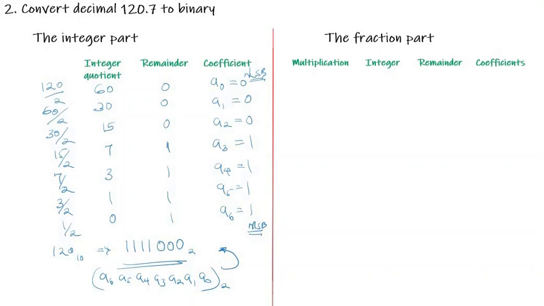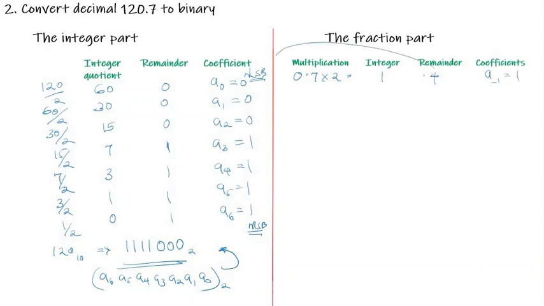Then we move to the fractional part, which in this case is 0.7, and we perform multiplication. So I have 0.7 multiplied by 2, which gives me 1.4. I write the integer as 1 and the remainder as 0.4, and the coefficient is equivalent to the integer. So the coefficient a-1 is 1.